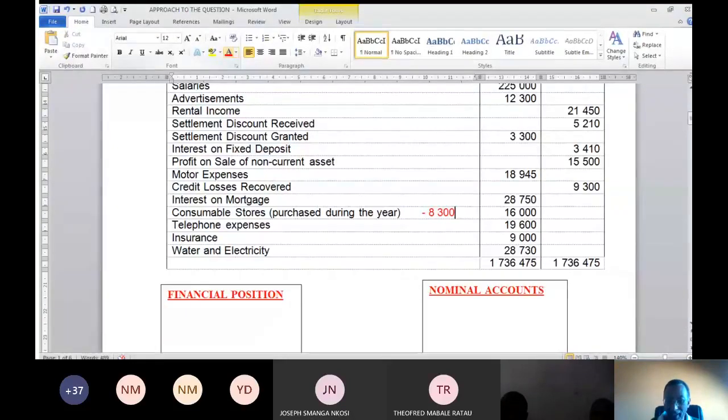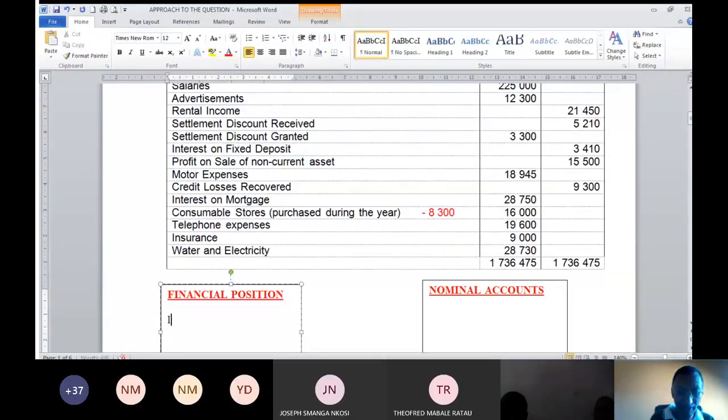So on your trial balance, guys, you show that. And then the other account affected, remember, for each adjustment, there will be two accounts affected. Our other account affected here will be called inventory, consumable stores, and 8,300 Rand is the asset that you must show. Okay, guys, all clear on that adjustment?